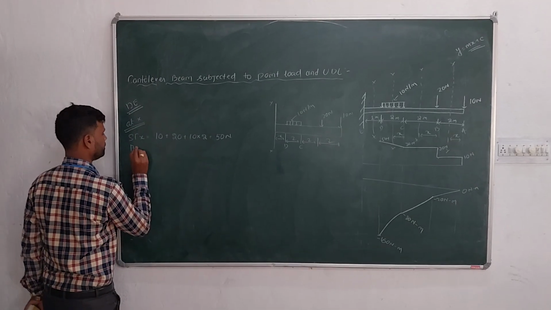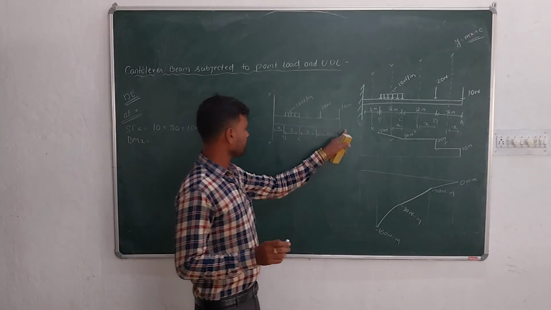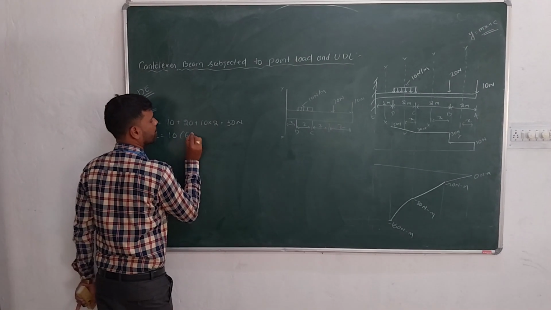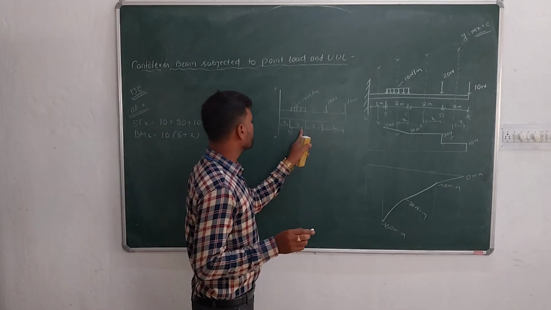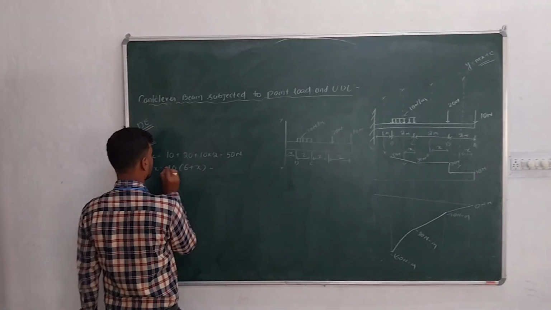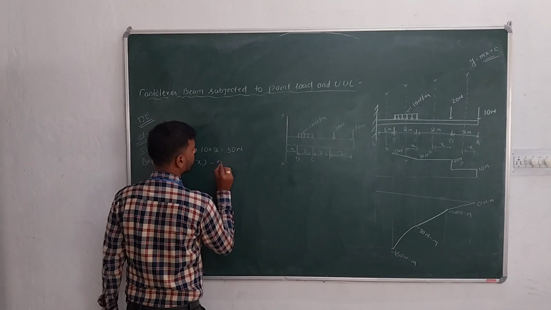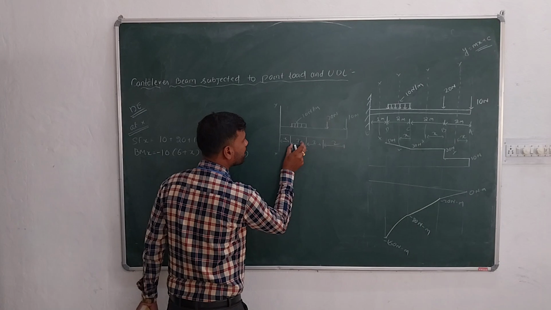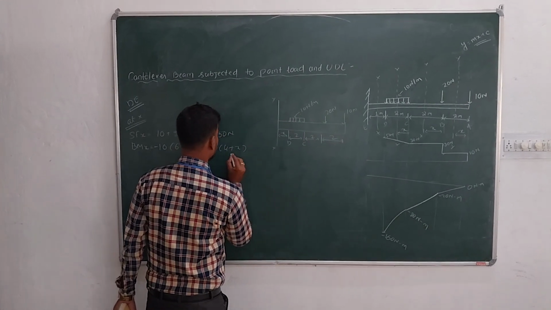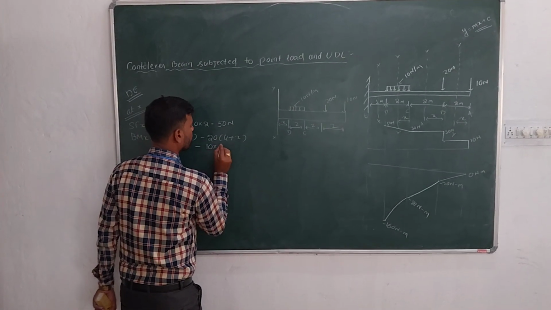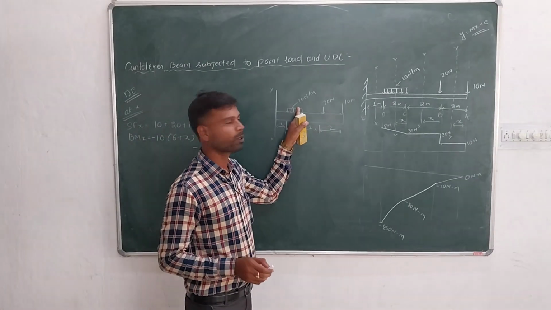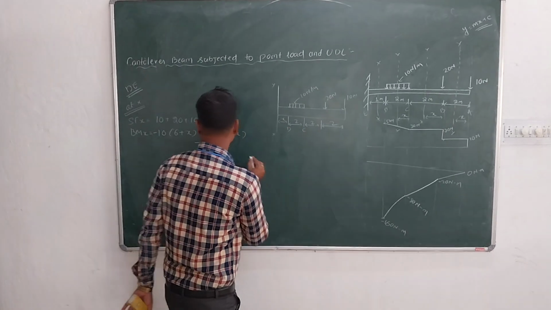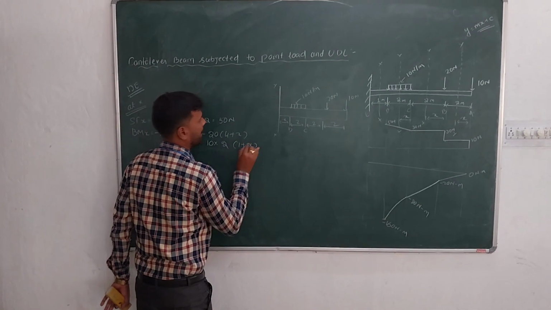BM at X will be minus 10 into 6 plus x, minus 20 into 4 plus x, and minus 10 into 2, the load value, whenever it is converted into a point load, and it will act at the center, the center means 2 by 2, 1, so into 1 plus x.